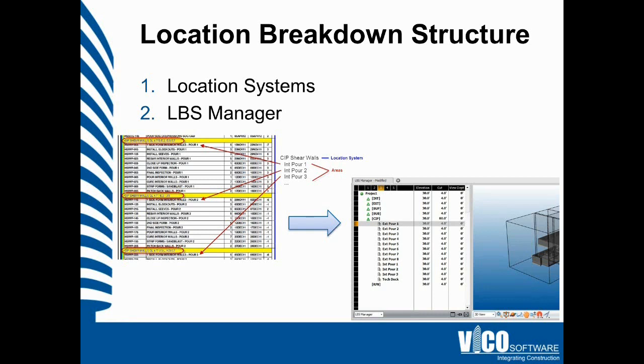The goal, of course, for the CPM match is to replicate as closely as possible the CPM schedule so that we can provide analysis in the same format as what you may have seen already in the CPM schedule. So we do replicate that location breakdown structure as accurately as possible.